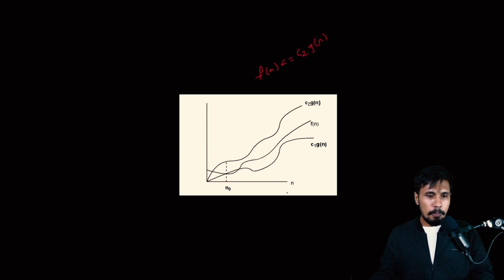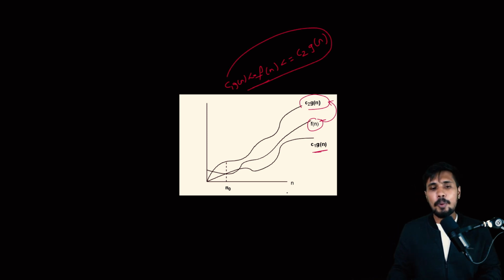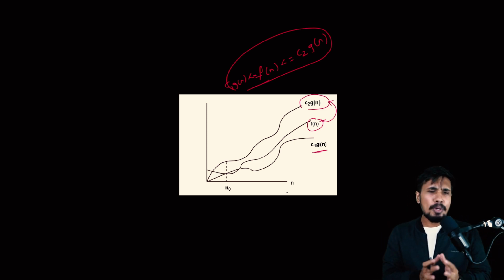So this is our upper bound. This upper bound is higher than your f of n, which means f of n is less than our upper bound, and c g of n is lesser than f of n. So c1 g of n is less than or equal to your f of n. This is the condition which we are going with. This is for our theta notation. These are the 3 conditions we are trying to calculate.